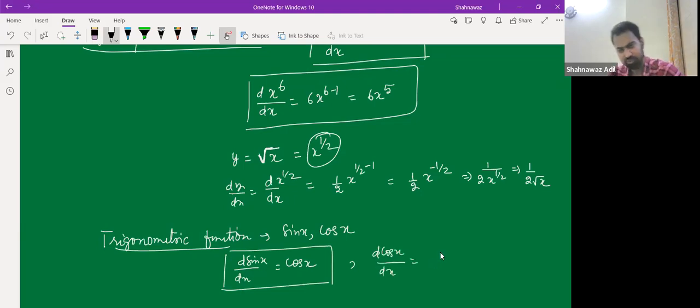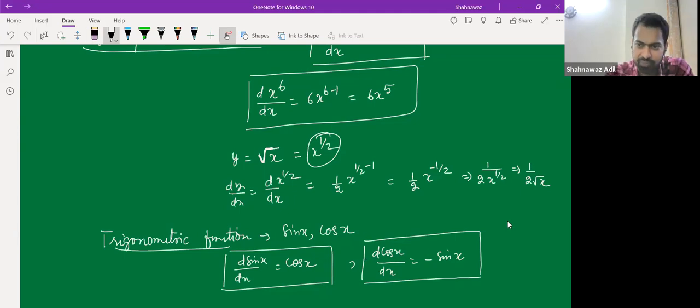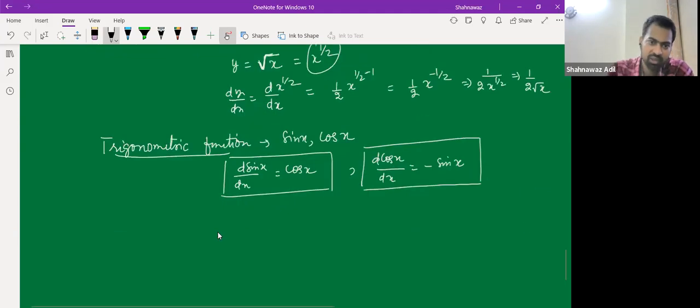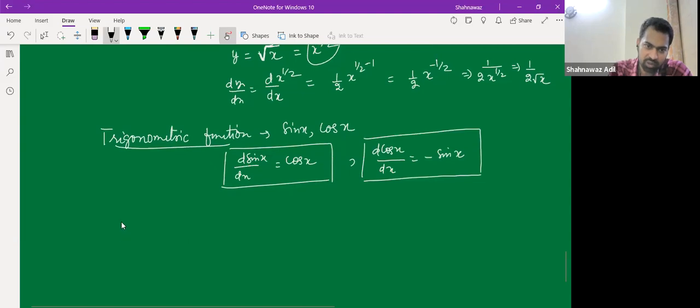Do you guys remember? Yes, Aisha and Maria, you guys remember or not? Yeah, minus of sin x, right? So this is the differentiation of trigonometric functions. And then you have logarithm or exponential function.